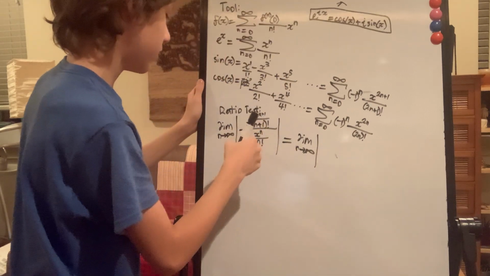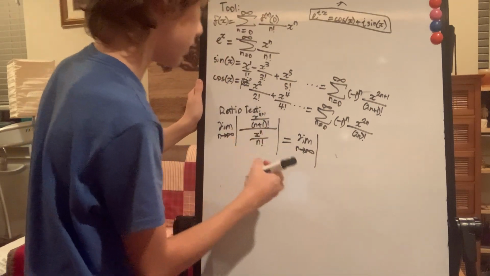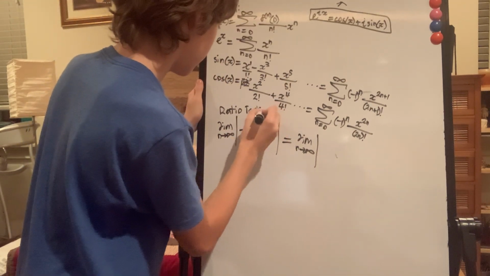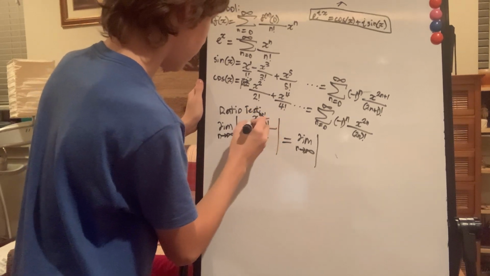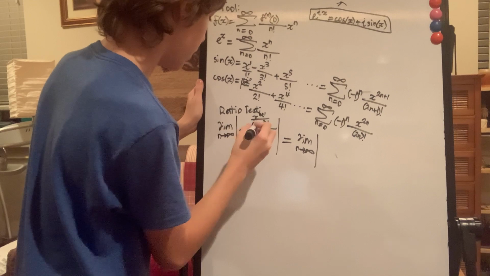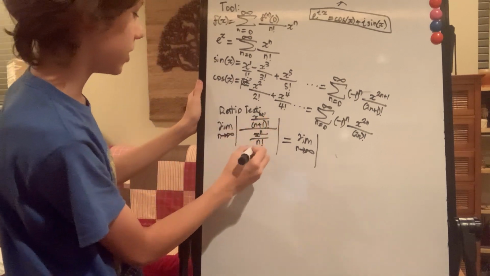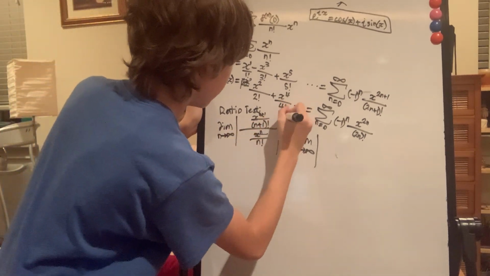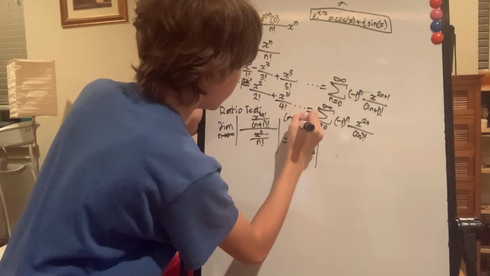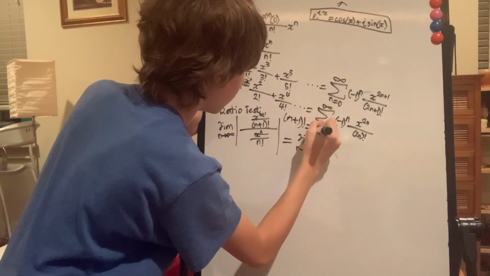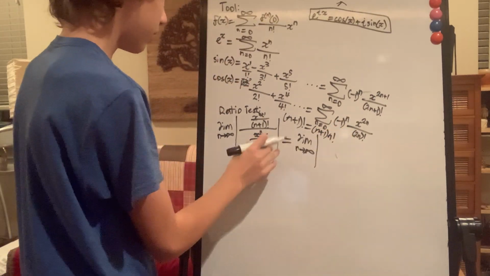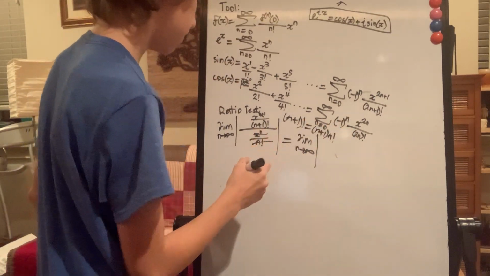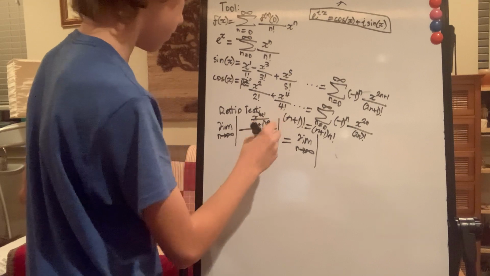We get a lot of cancellation here. Note that n plus 1 factorial equals n plus 1 times n factorial, so this cancels and we're just left with an n plus 1.